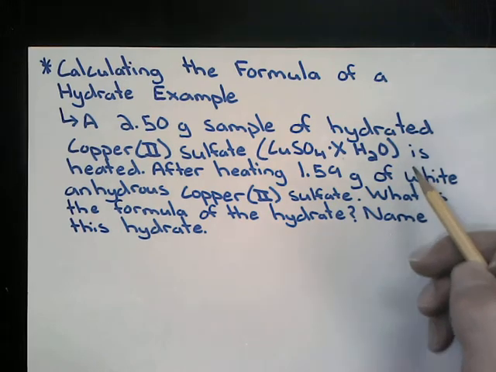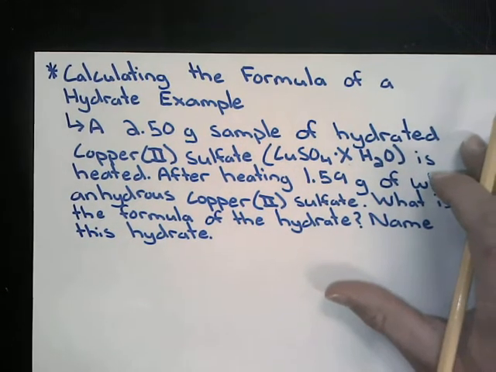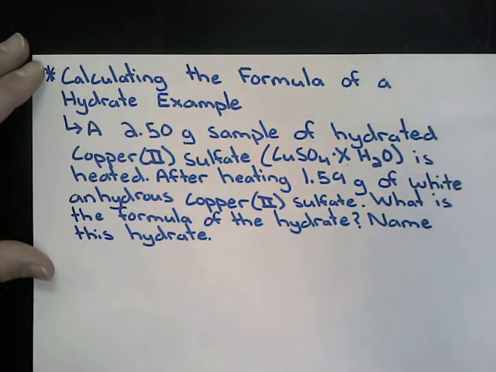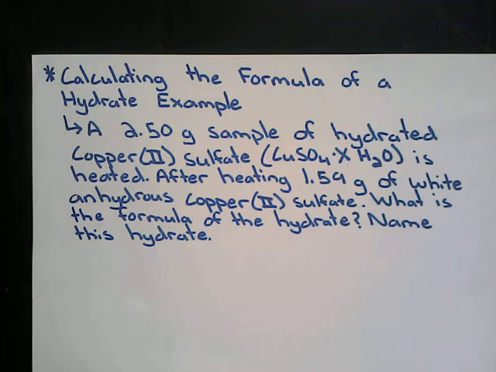So in the lab we heat this substance up to drive off the water. After we heat this, we only have 1.59 grams of this white anhydrous copper 2 sulfate. We want to know the formula of the hydrate and also name this hydrate.